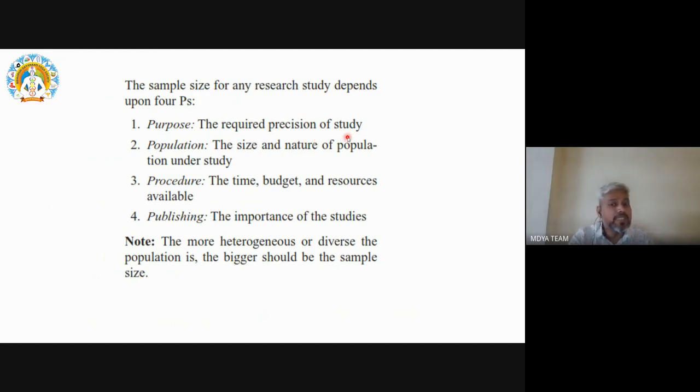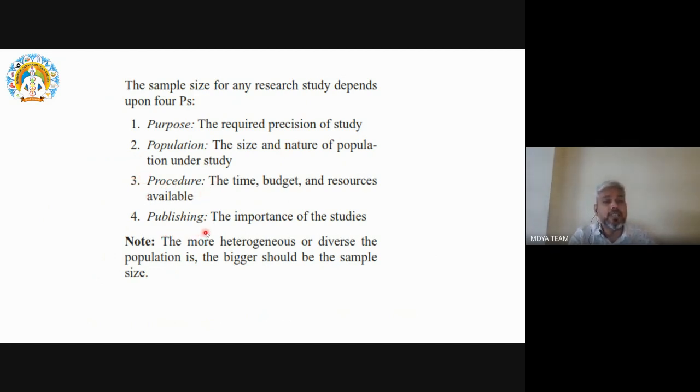Population, the size and nature of the population under study. It is very important. Procedure means you have a purpose, you have a population. Now procedure, what will be the procedure of selection of a sample? The time, budget, and resources available. So you need to think about the time, budget, and resources when you use procedure to select a sample.